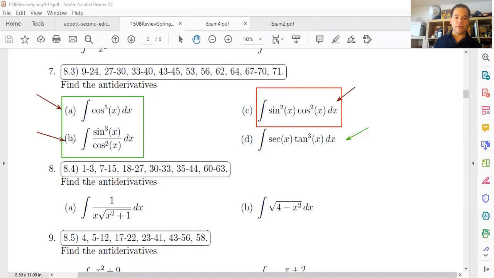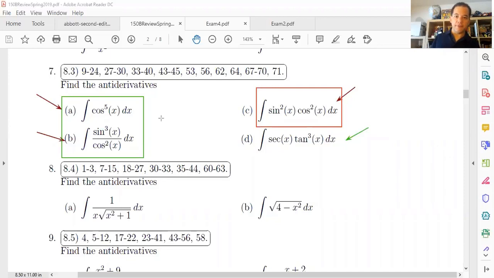Let's do B and C, or at least make them into integrals that are now easier, right? Maybe I won't complete them, so we can do more stuff, but at least do the hard part, so to speak. So let's do 7b, the integral of sine cubed x over cosine squared x, dx.